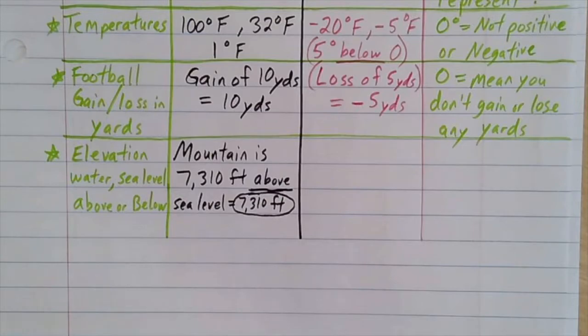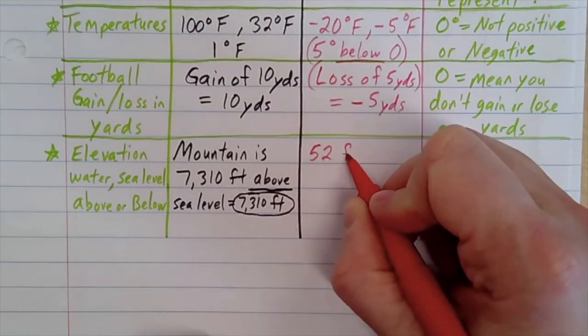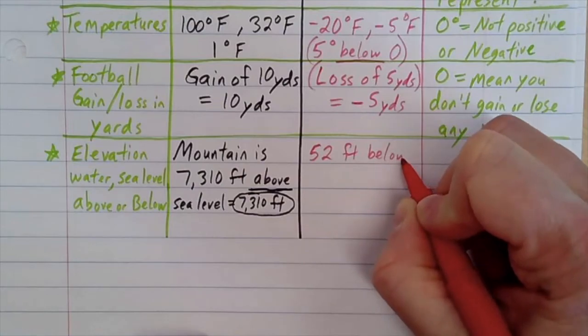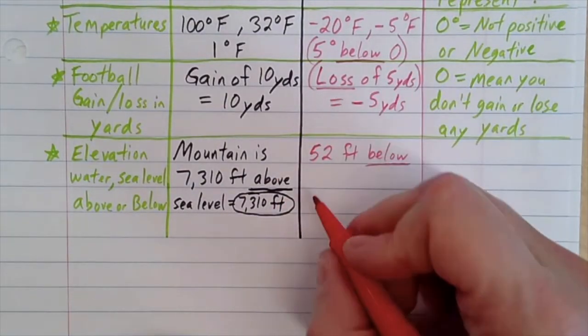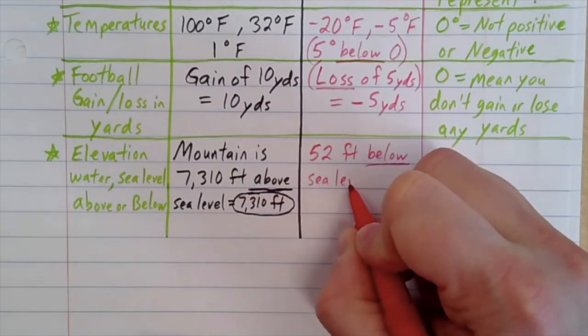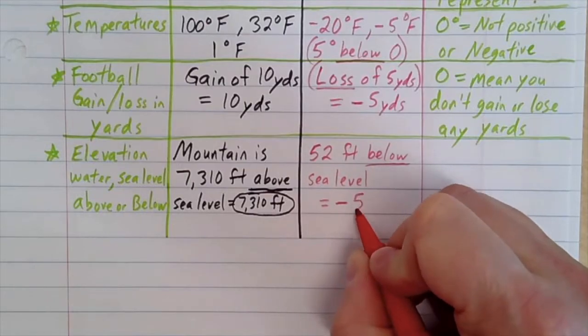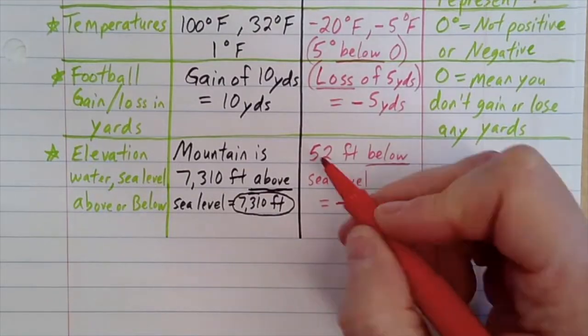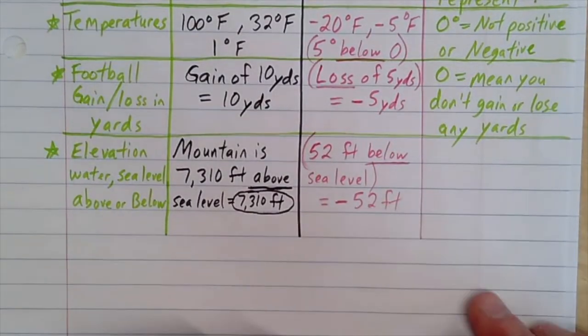Positive numbers, we just write it normal. However, negative numbers, you'll put the negative. So like if you're 52 feet below sea level, 52 feet below, keyword below, this one was lost, so below sea level would be like saying negative 52 feet. So this clue with the word below is the same thing as negative 52 feet.